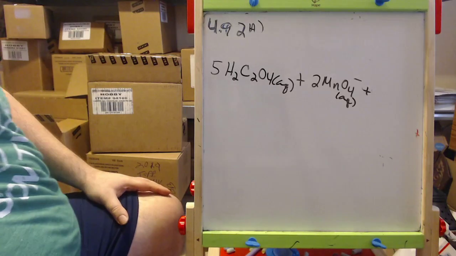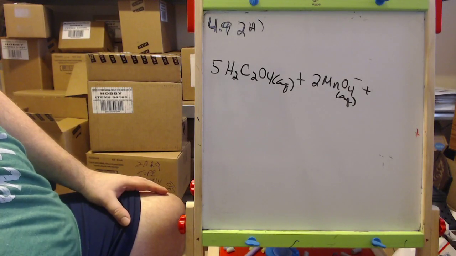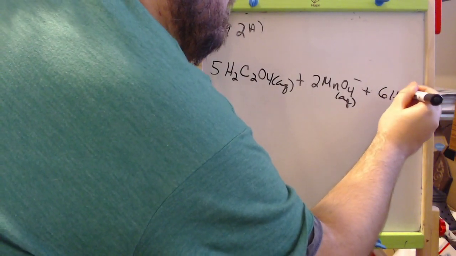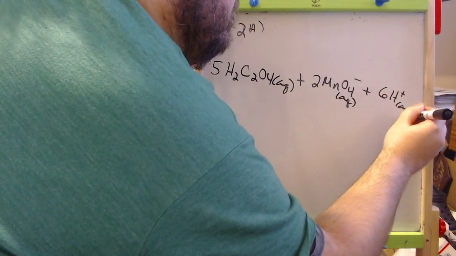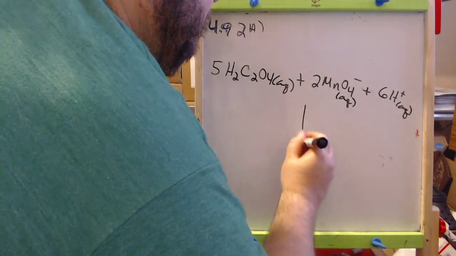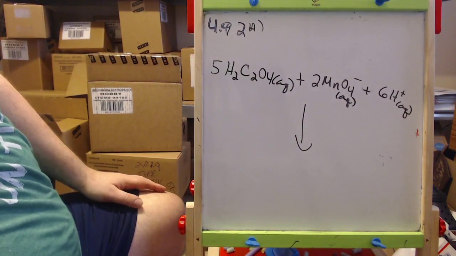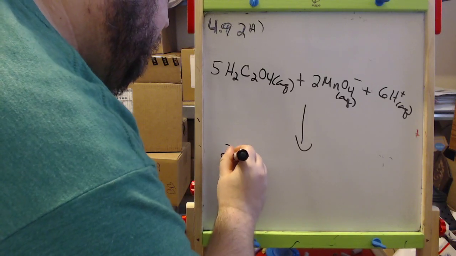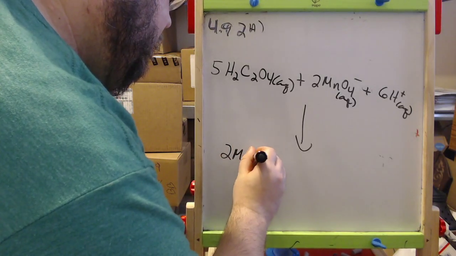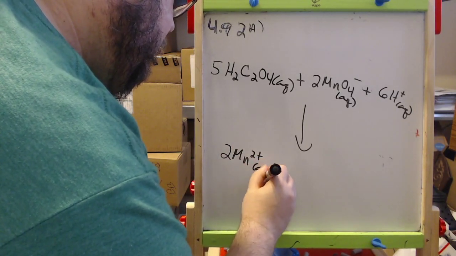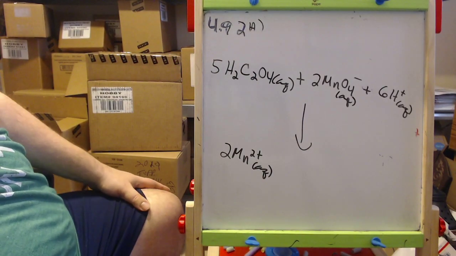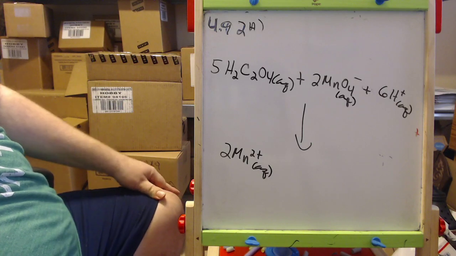Plus 6H plus aqueous yields 2Mn2 plus aqueous. I can't stop making my cursive M's look like molarities. It's a disease.